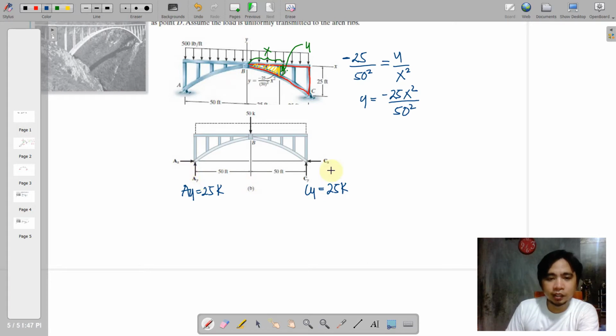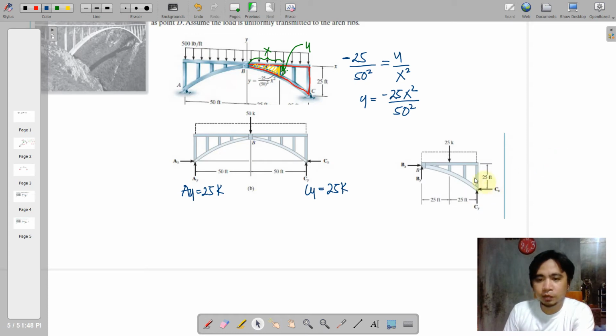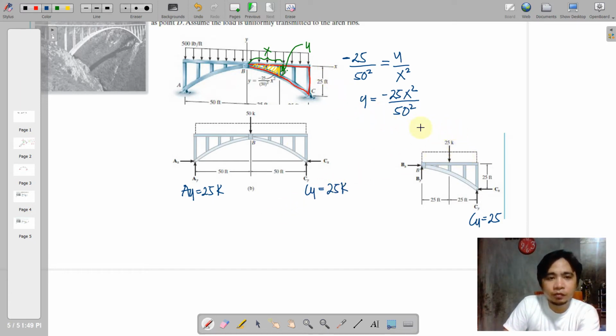So AX and CX will be determined by separation. So if this is the separation considering the right portion, there will be BX and BY here, and CY and CX. We just write CY here, 25, and of course, the distributed load was already bisected. So if this is 500 pounds per foot, just multiply that by the distance 50. So 500 times 50 is actually 25k.